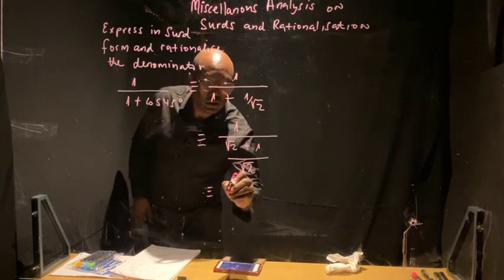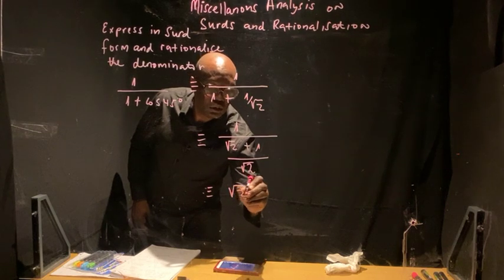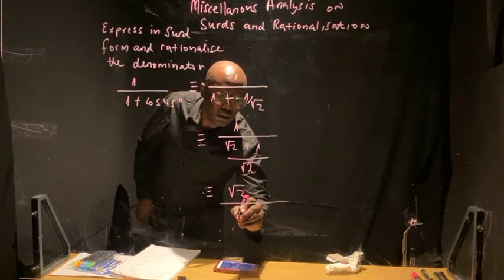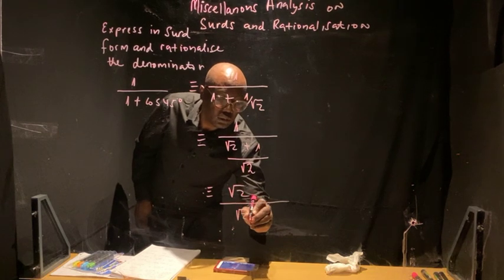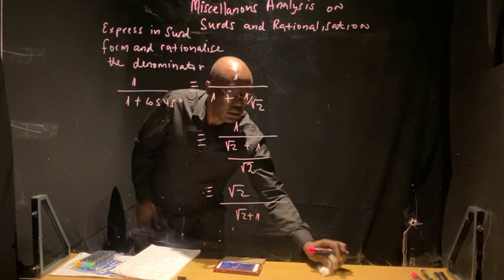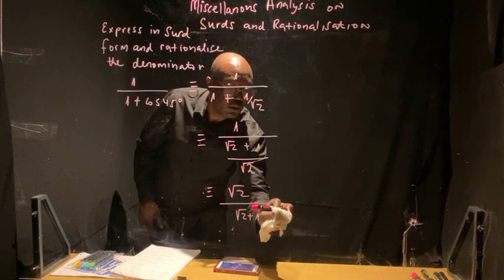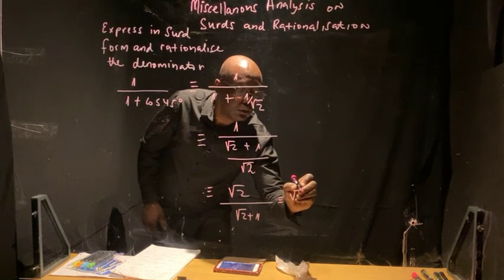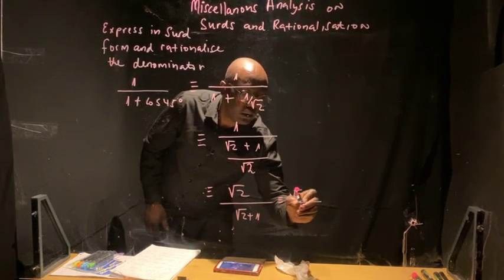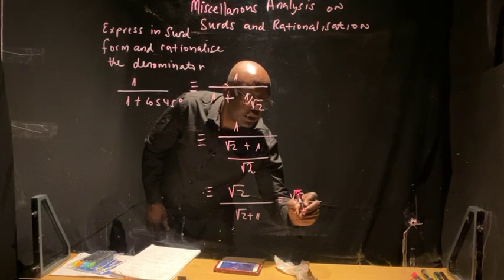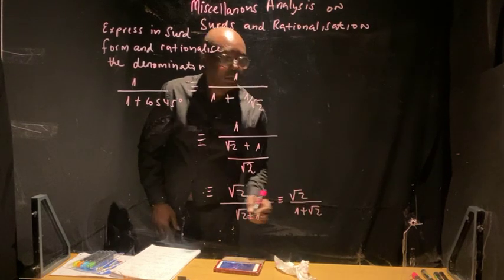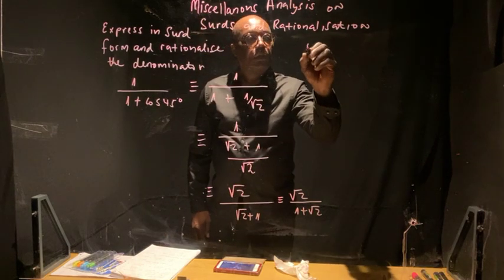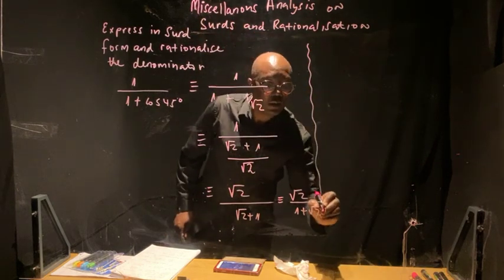So it becomes root 2 over root 2 plus 1, which can also be written as root 2 over 1 plus root 2. Good. Then let's continue from this side.